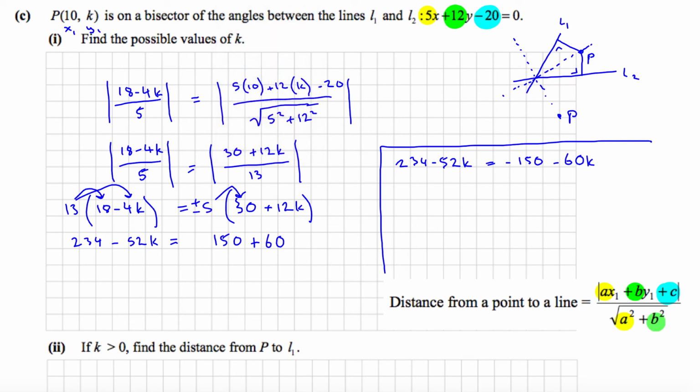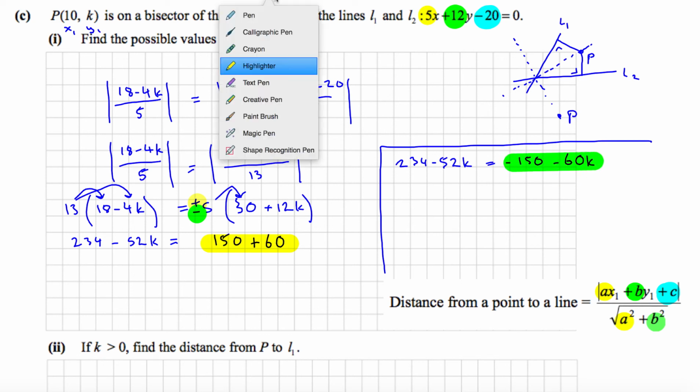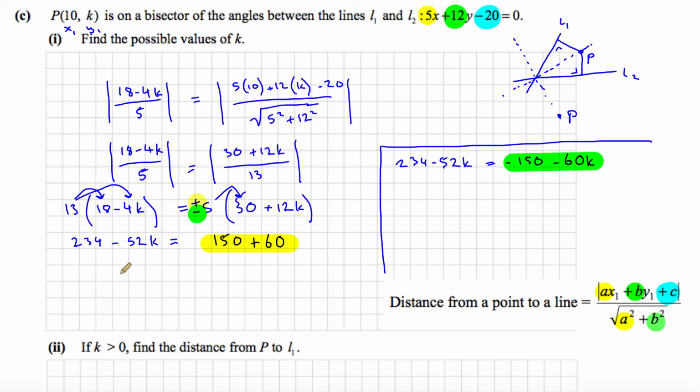So again, just to be clear there, I'll do this with color. The positive is this one, and the negative is this one here. Okay, so that's meant to be 60k there. Okay, so 234, bring the 150 over, becomes a negative. Bring the minus 52k over here, becomes a positive.